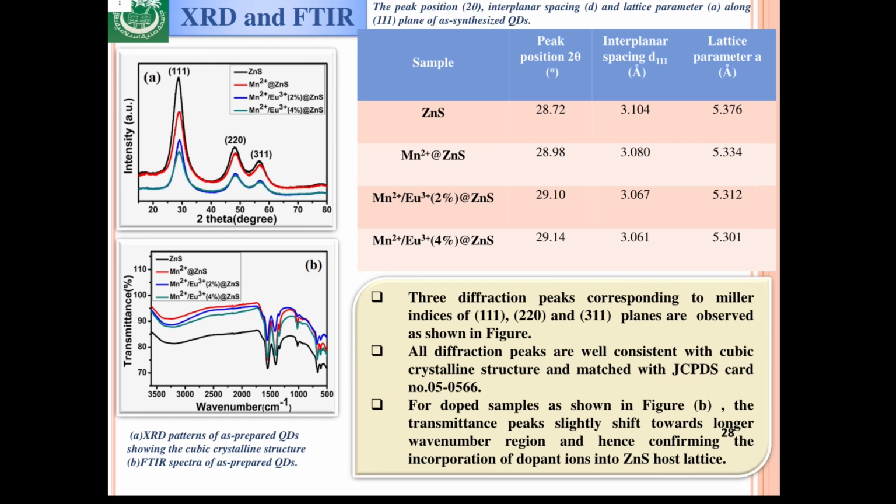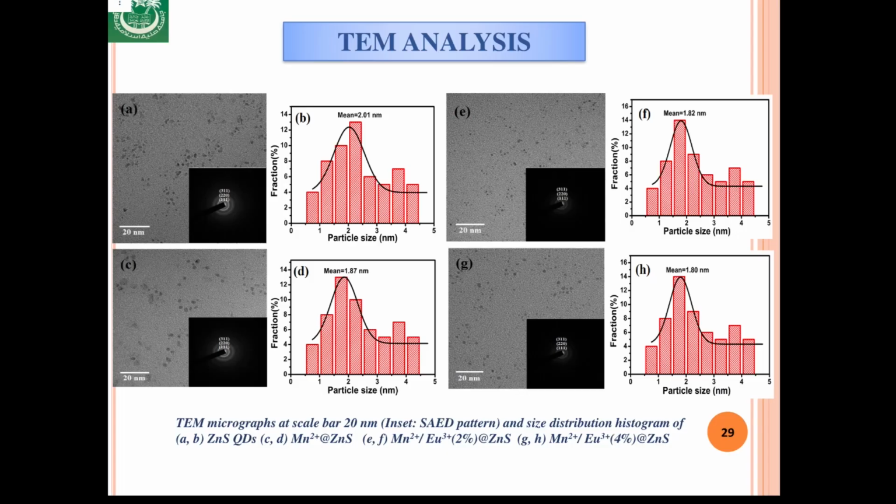The XRD and FTIR spectra confirm the synthesis of the zinc sulfide quantum dots using the standard techniques, and we found that there was no deformation of the XRD or FTIR pattern, except that a slight shift was observed in the case of the doped zinc sulfide quantum dots, confirming that the dopant ions manganese and europium have been successfully incorporated in the zinc sulfide host.